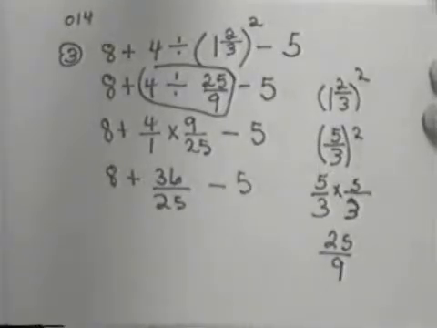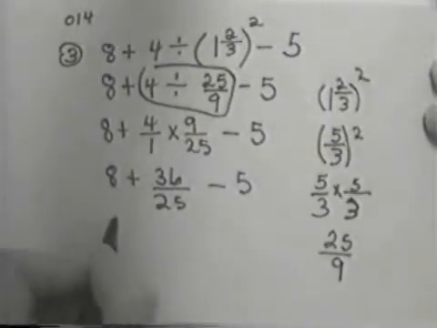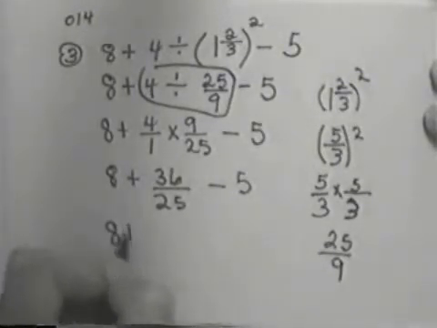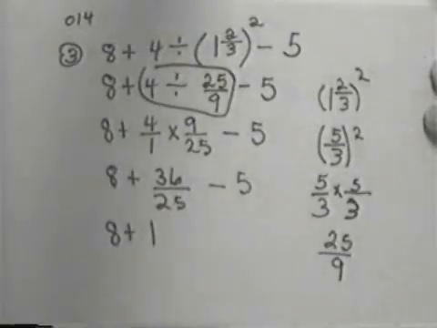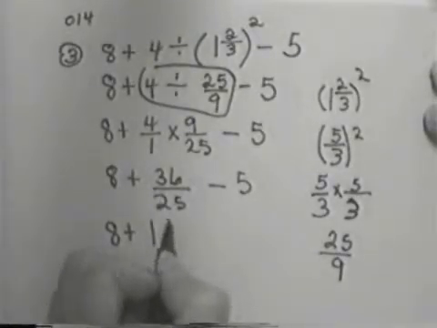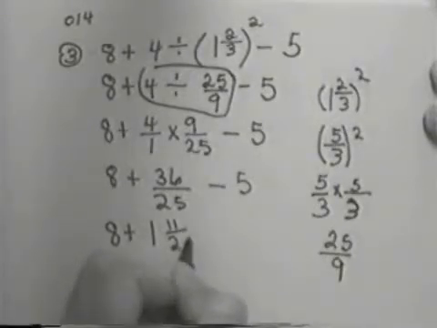Now, we have a couple of choices here about what to do. We can either make everything improper and find common denominators, or we can change that 36/25 back to a mixed number. If we change it back to a mixed number, 25 will go into 36 one time, and we'd have 11 left over.